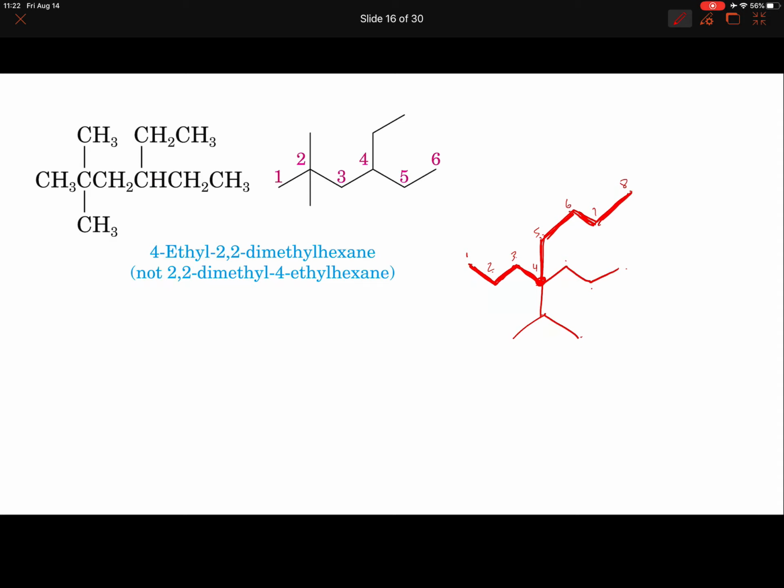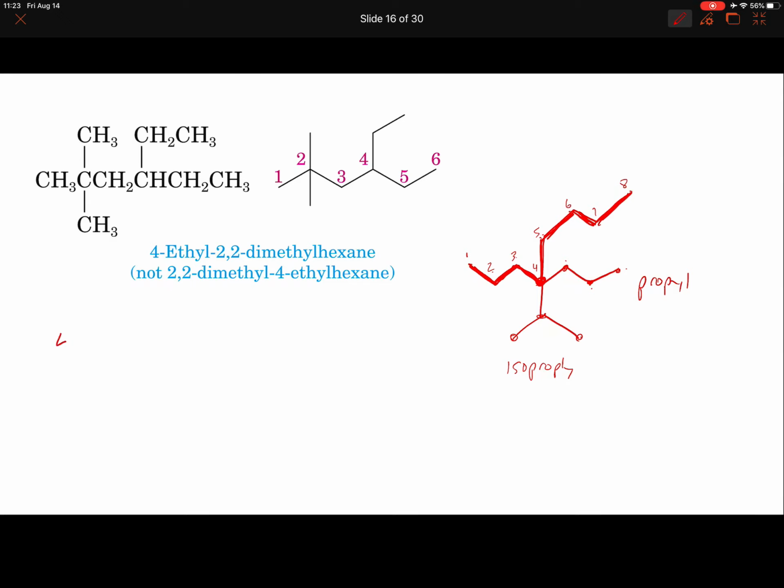So then on the 4, we've got two groups. We've got a 3-carbon group, which is arranged in an isopropyl configuration as a substituent. And then we've got a 1, 2, 3-carbon group here, which is just a straight propyl group. They're both on the number 4. So what we would say here, isopropyl comes before propyl alphabetically.